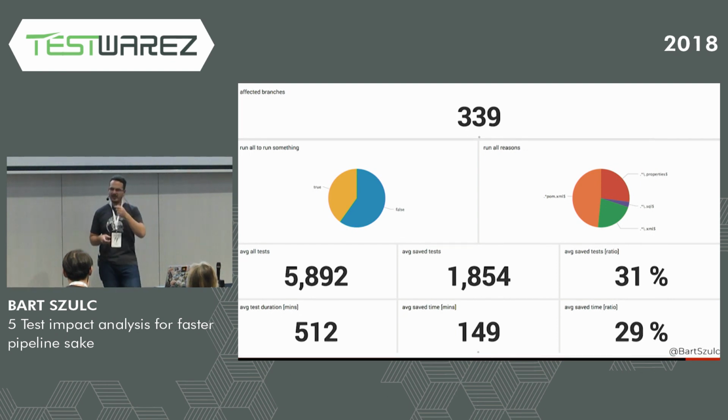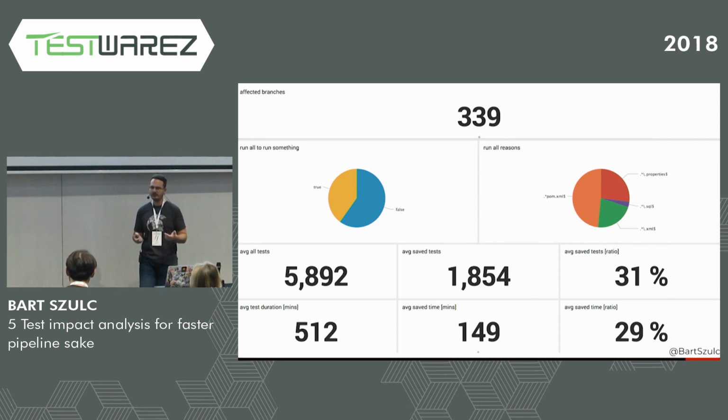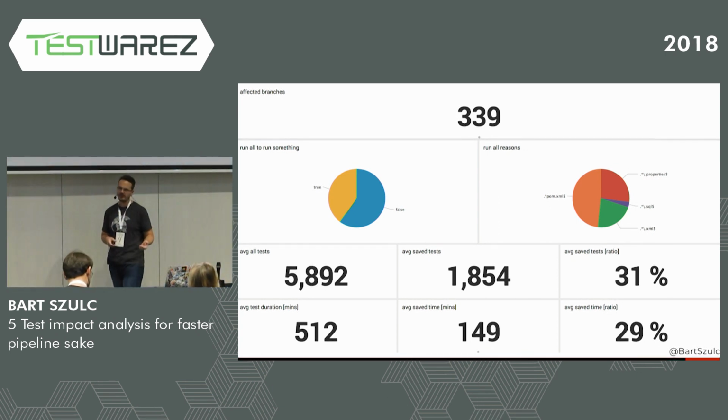At the top, you have the number of branches that were affected by test impact analysis, and this is information for 5 working days. During those 5 working days, we had 340 feature branches that asked the TIA service to get an optimized minimal set of tests that need to be run.